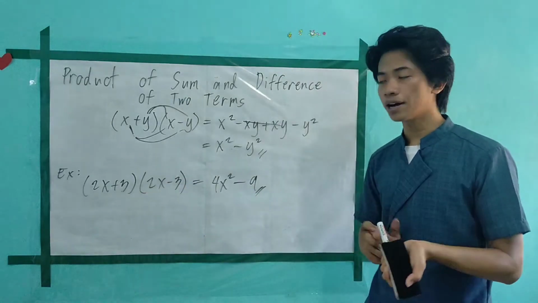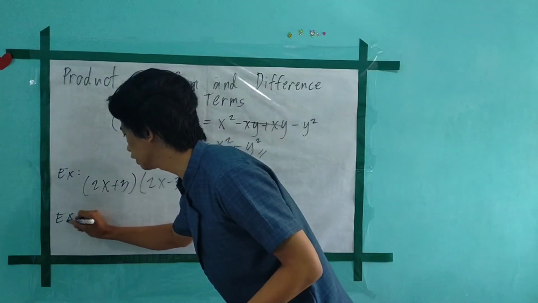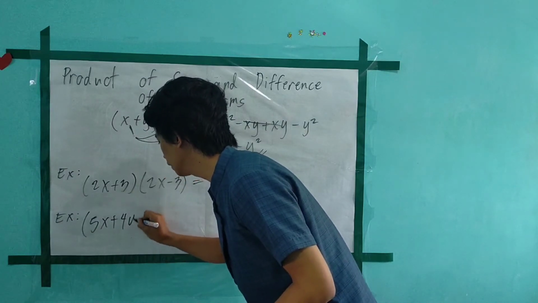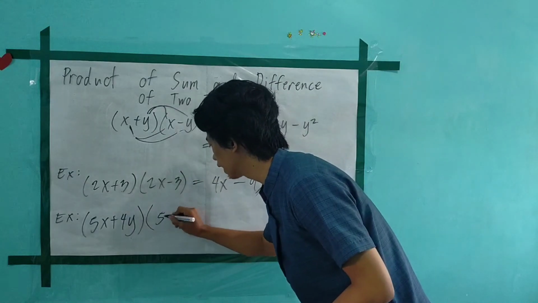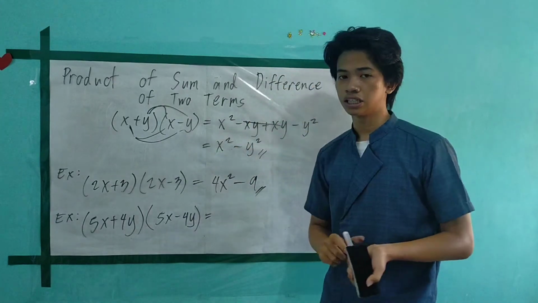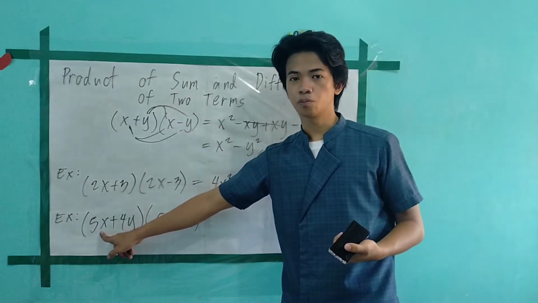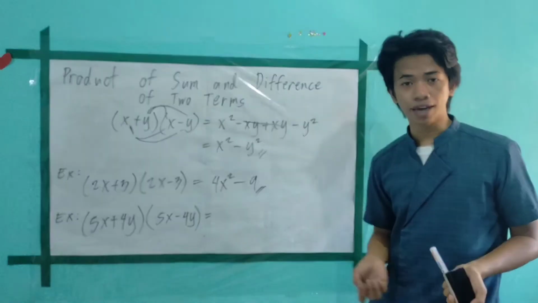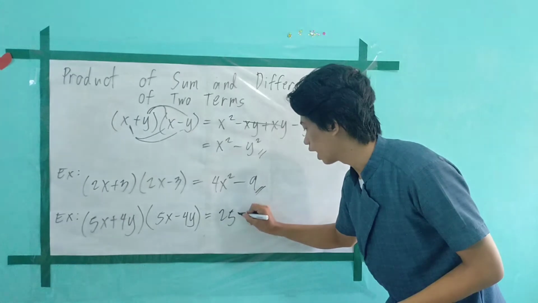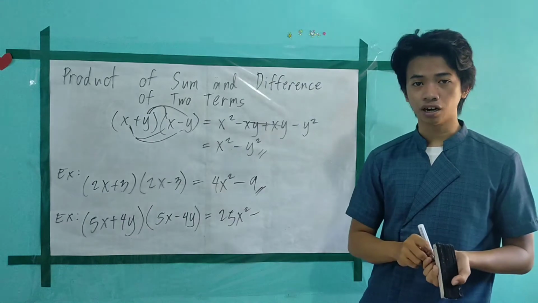Okay? So let's have another example regarding this lesson. Let's say our example is 5x plus 4y, then 5x less 4y. The first step is square the first term, 5x. So what is 5x squared? We have 25x squared minus square of the second term.